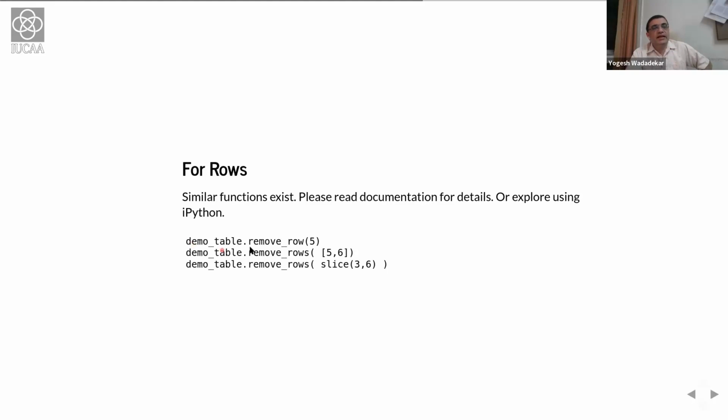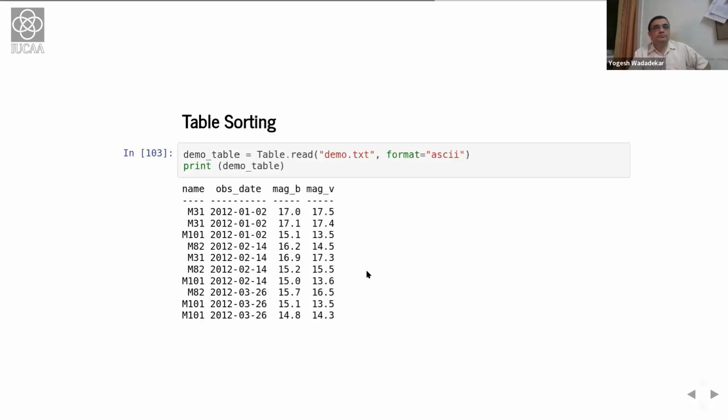You can see that you can do things like remove row 5, or you can give it a list 5, 6 will remove 2 rows, and this will remove a slice, okay, a range of rows will be removed. You can sort tables pretty easily using the sort method, which we will encounter in the next slide.